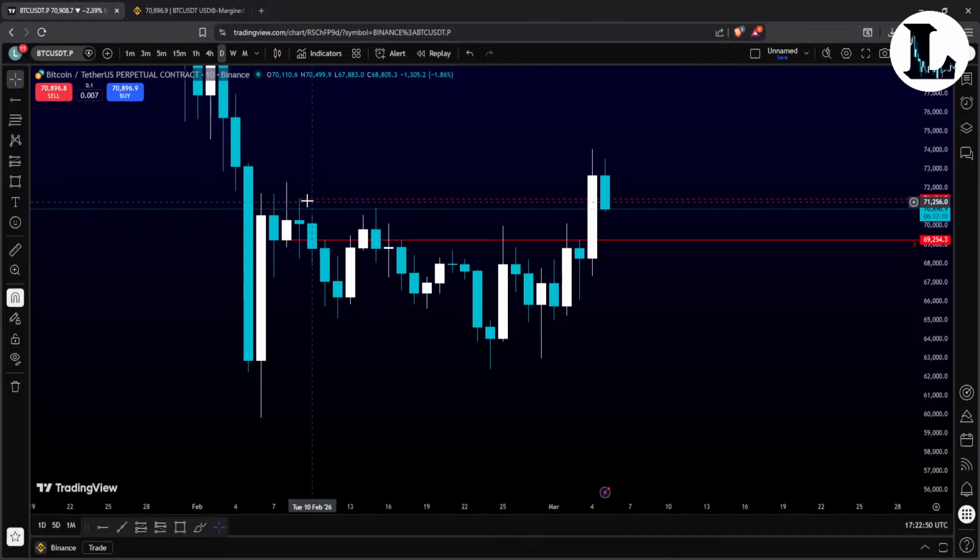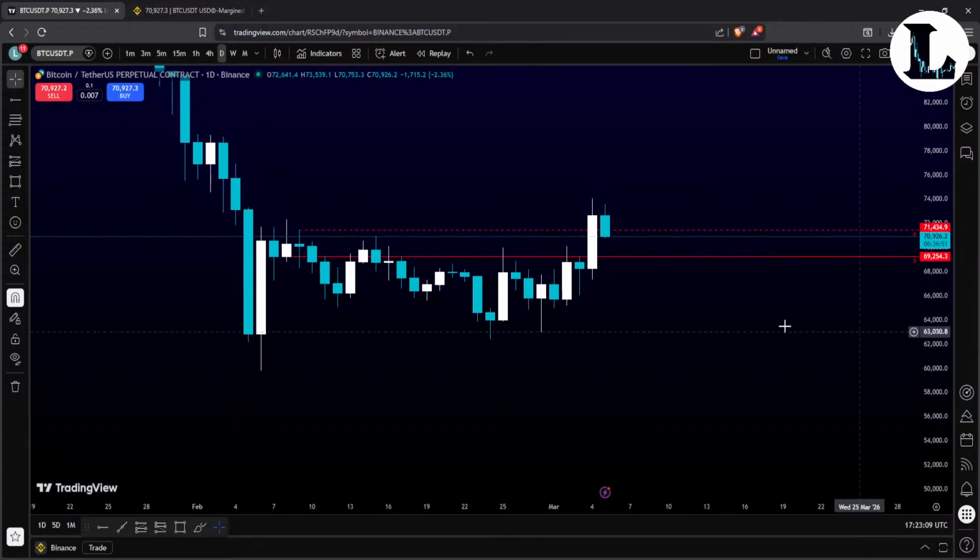But on a break level, we can also create a liquidity level. But for me, to create a liquidity level, we need at least two tests. And right now, we are just testing this break level for the first time. So for now, it's nothing, okay? The price is just trying to break for now.